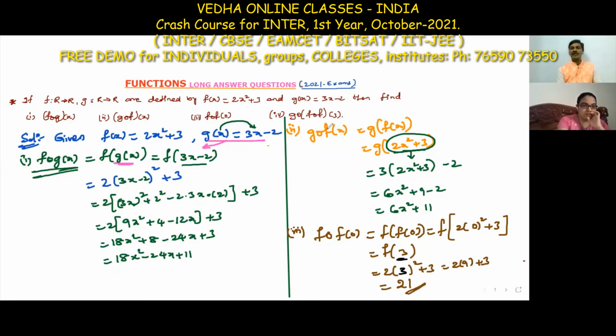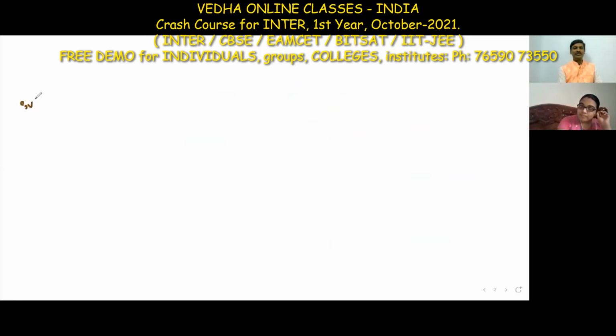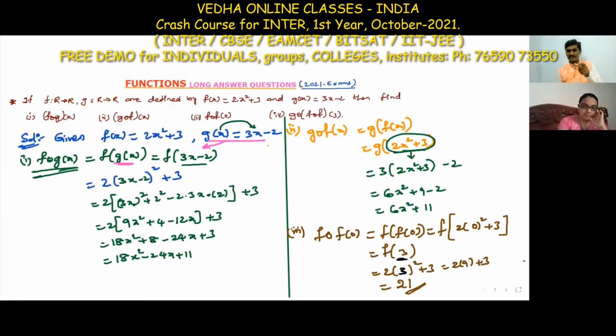Understood? So next he is asking g circle f circle f of 3. Next, the fourth one: g circle f circle f of 3. What are given as g and f?